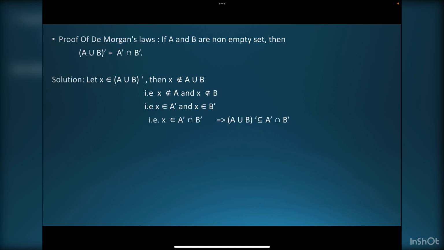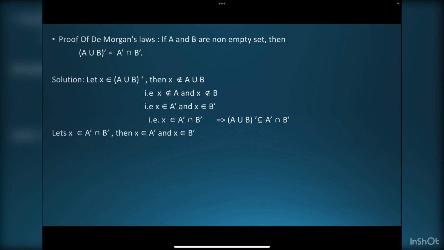And that means x belongs to A complement intersection B complement. So we started with x belongs to (A union B) complement and we ended up saying that x belongs to A complement intersection B complement. That means (A union B) complement is a subset of A complement intersection B complement.